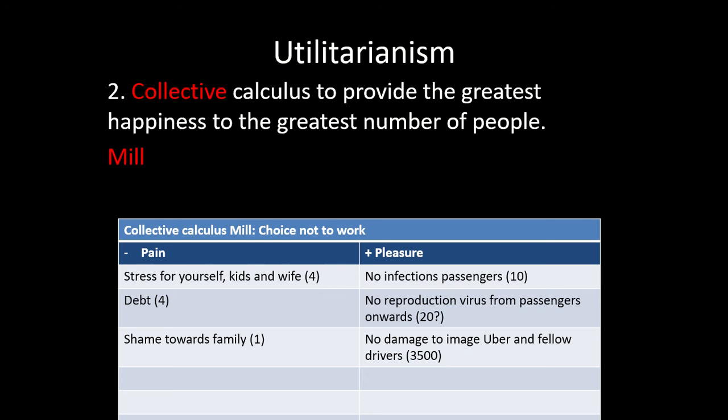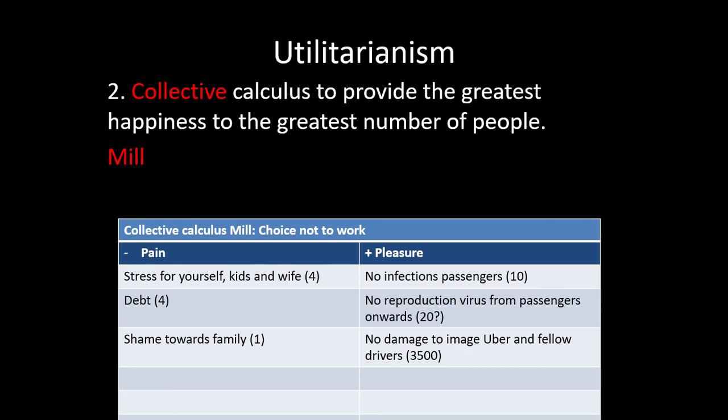So if you look at the stress for yourself and the kids and the wife, then you put between brackets the number of people connected to that. If you see that there's some debt, then you put the number of people who need to live under that debt as well, and that shame towards family. You can see that it's just one, the guy that needs to stay home and cannot provide.